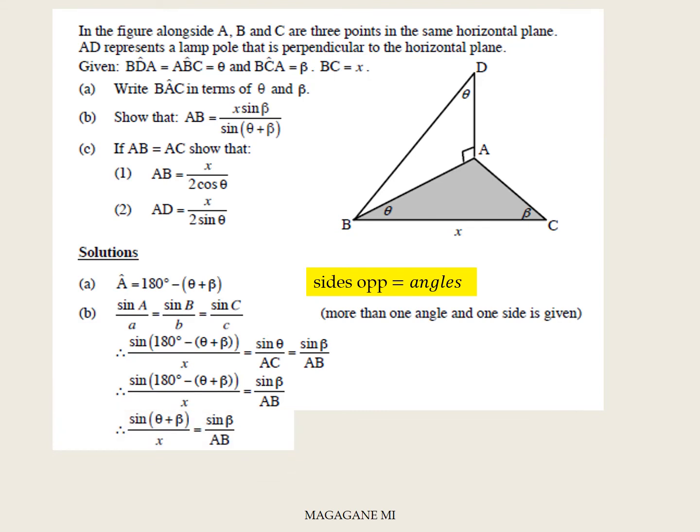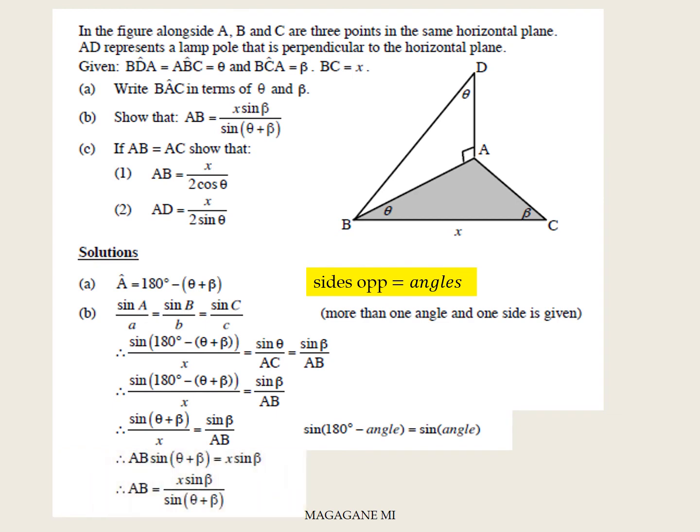Right, so in terms of reduction formula, 180 minus theta is in the second quadrant and sine is positive in the second quadrant. Therefore, we'll have sine theta plus beta over x. Then we cross multiply and solve for AB. Then we have AB equals x sine beta over sine theta plus beta. Right. We go to C.